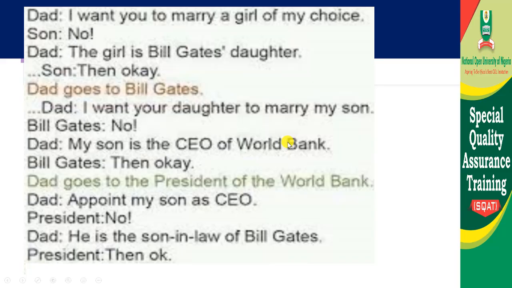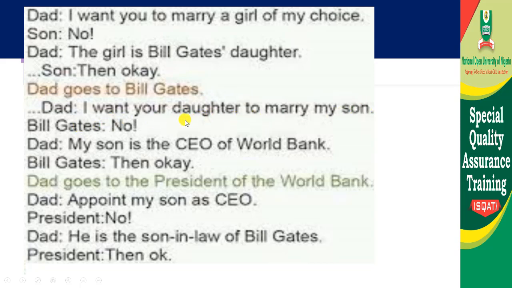Well, before I give him an answer, let me tell you about a dad who wanted his son to marry a girl of the dad's choice. So the dad told his son, I want you to marry a girl of my choice. The son said no. But the dad said the girl is Bill Gates' daughter. Oh, that's fine. The son said that's okay. Then the dad goes to Bill Gates and says, I want your daughter to marry my son.